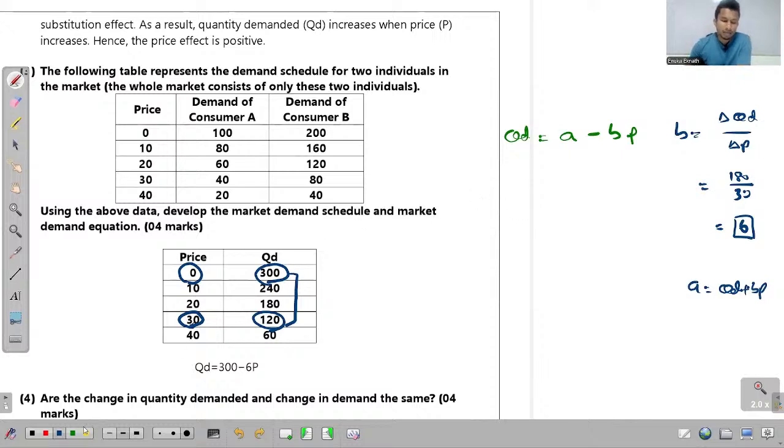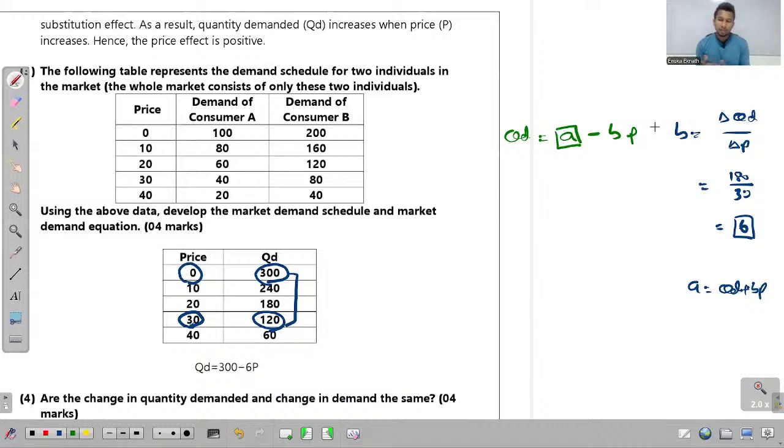Tell me what's A. The letter A stands for the quantity demanded when the price is 0.